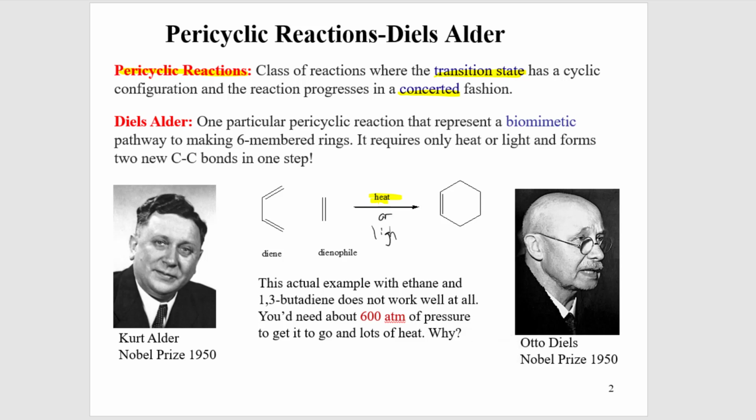And this makes sense, because if plants are going to use this reaction, that's really all they've got. You can't dump chromic acid into the plant and hope it gets to where it needs to go. It just needs maybe some heat or light to get this reaction to work. So the Diels-Alder is one example of a pericyclic reaction that represents, for the first time in this class, a biomimetic method of making a six-membered ring, which we know is nature's magical number, especially in the ring form.